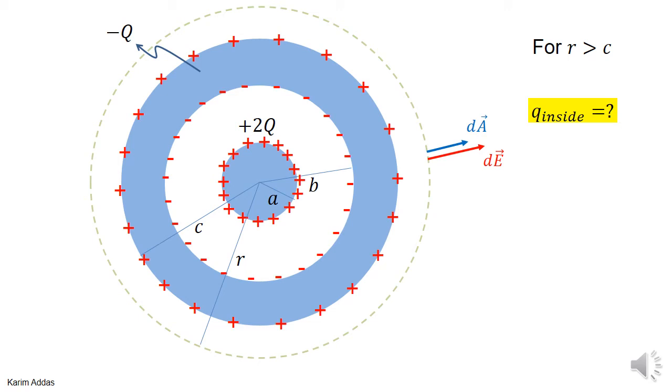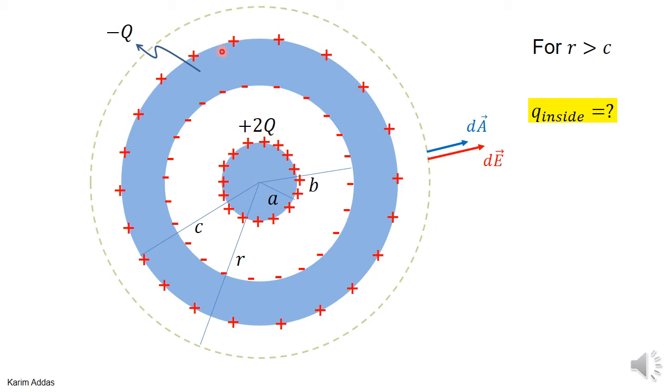So the left-hand side of Gauss's law is exactly the same as before. What about the right-hand side? What's Q inside? What's the charge inside this dotted spherical shell? Well, we said that the total charge on the conducting shell is minus Q, and the total charge on this conducting sphere is plus 2Q.